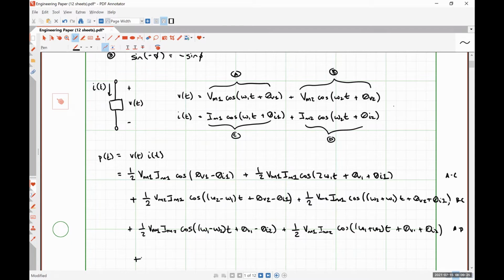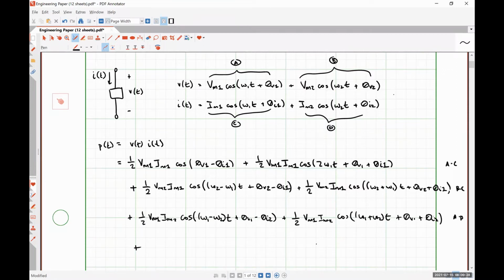And our last term comes when we multiply B and D. So that'll be 1/2 Vm2 Im2 cosine theta V2 minus theta I2, plus 1/2 Vm2 Im2 cosine twice omega 2t plus theta V2 plus theta I2.